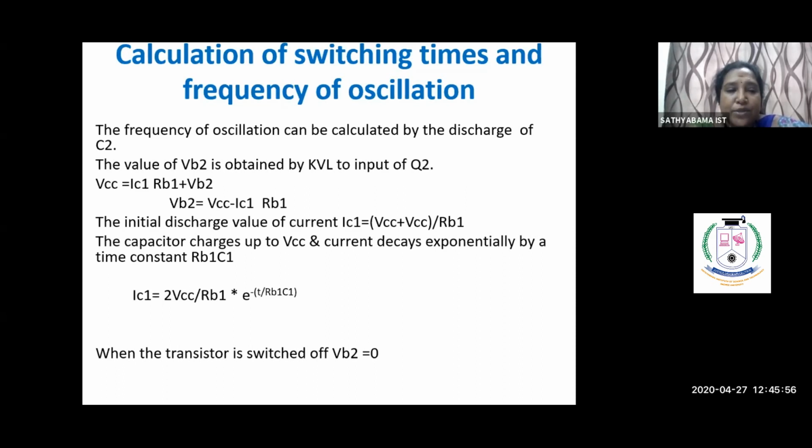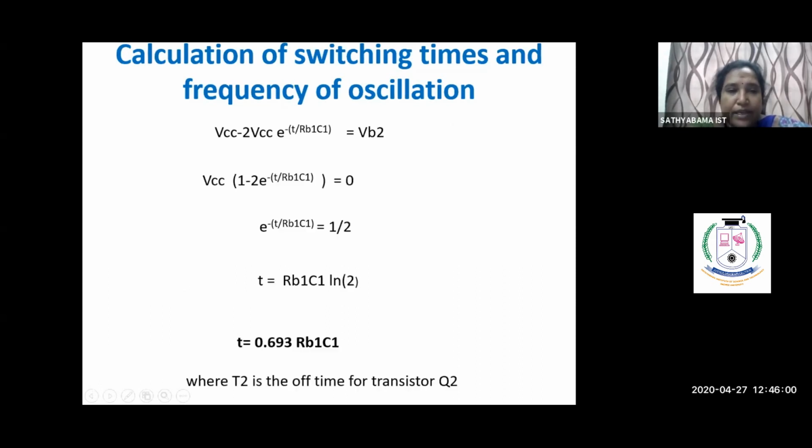Make VB2 equal to 0 and substitute this IC1 value in the first equation. You can then view the second equation, and taking the common term VCC out, you will get this equation.